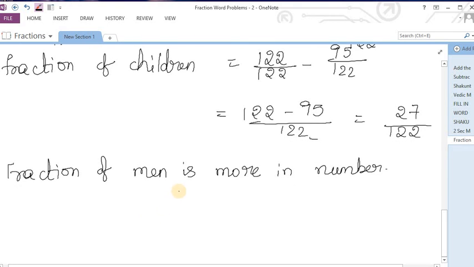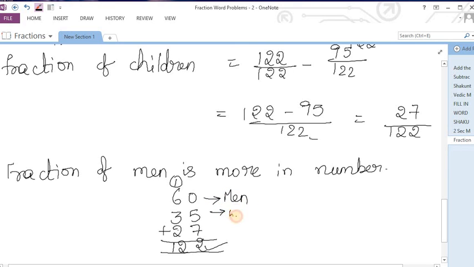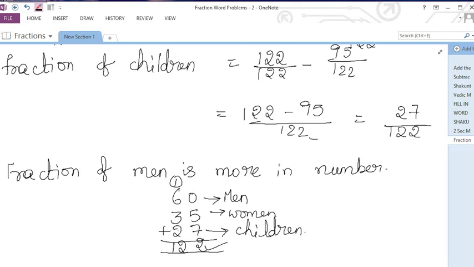If you want you can check it out: 60, 35, 27. Just simply add all these numbers, you should get 122. So 7 plus 5 is 12, 6 plus 1 is 7, 7 plus 3 is 10, 10 plus 2 is 12. Out of 122 members, 60 are men, 35 are women and 27 are children. Okay, did you understand? Yes, very good.